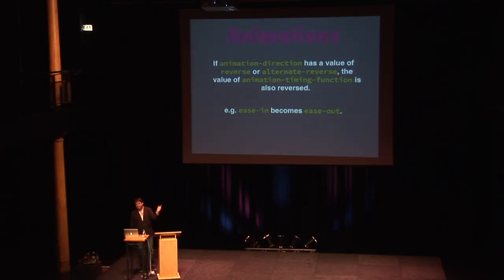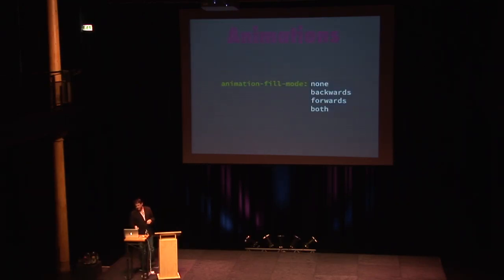So if you play alternate, when it plays back through, no, I'm right, it is reverse, beg your pardon, I'm completely wrong. Ignore me. Who invited this guy? Yeah, I know. When you play something in reverse, if the timing function set on it is ease in, it will actually play as if it's ease out, because it's playing in reverse. That's all I meant.